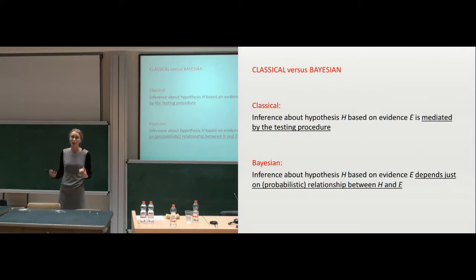It's not just E with respect to H. It's, well, how did you find E, and was that a reliable method for finding evidence? Is that the sort of method that we would think should give us confidence in H?